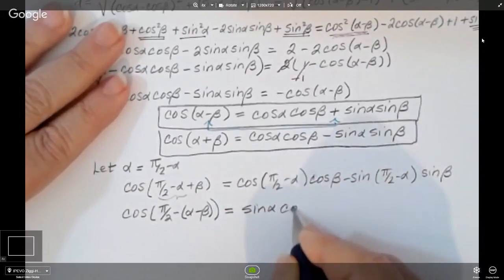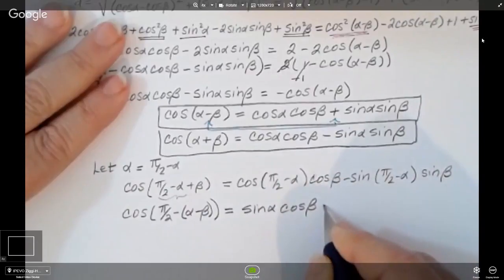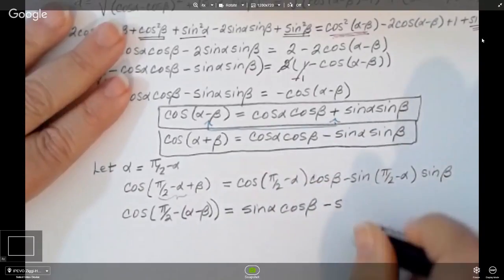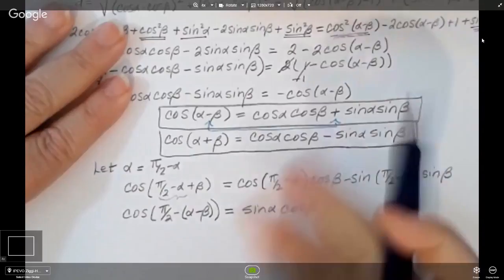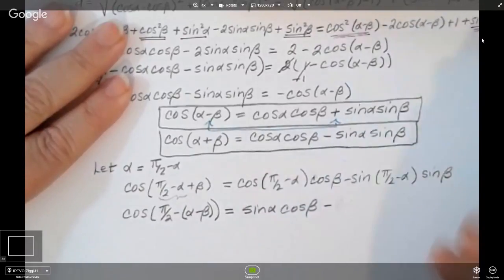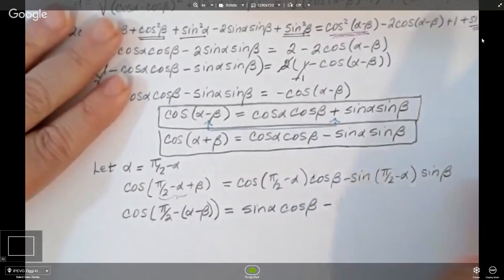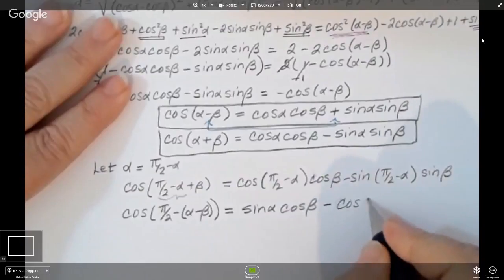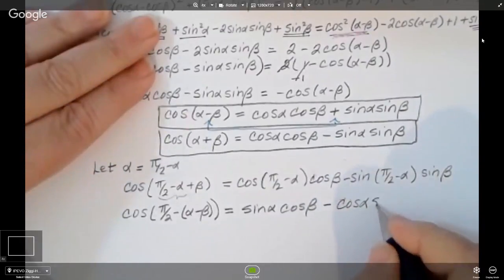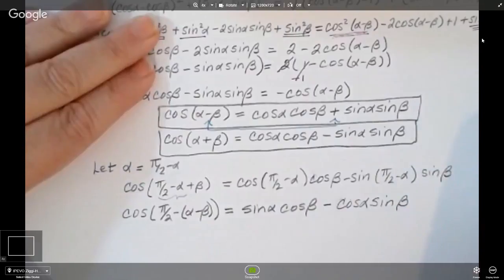Then I have the cosine of beta, I'm not going to do anything to that, minus the sine of pi over 2 minus alpha, which is just equal to the cosine of alpha using the cofunction identity. And then this is the sine of beta.